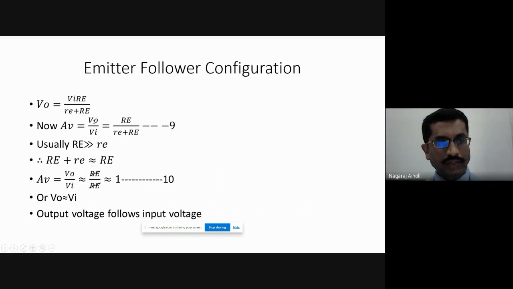Our voltage gain is Vo by Vi, that is equal to capital RE divided by (small re plus capital RE). Remember this main equation. Then small re plus capital RE is capital RE only, because capital RE is very much larger than small re. Therefore, capital RE cancels, and we get Vo equal to Vi. That is, the output voltage follows the input voltage.